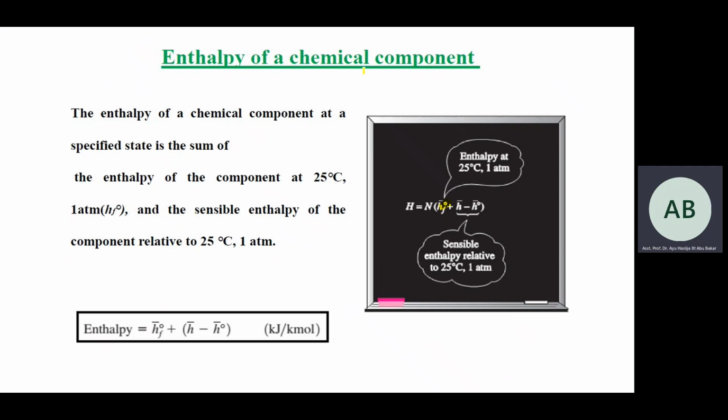So the enthalpy of a chemical component is the sum of the enthalpy of the component at 35 degrees C, that is the heat of formation at reference state, and the sensible heat.